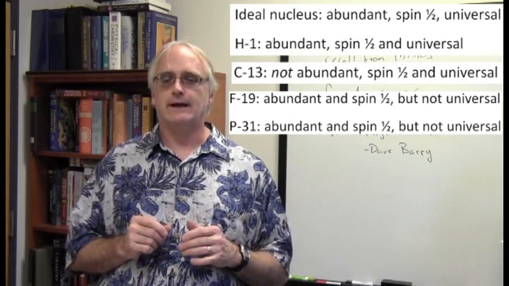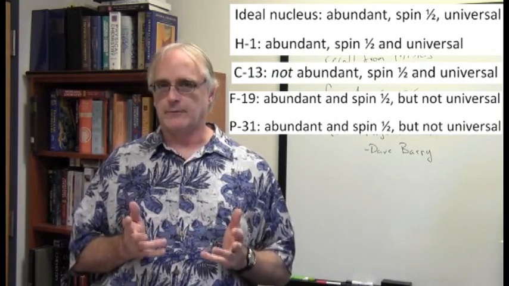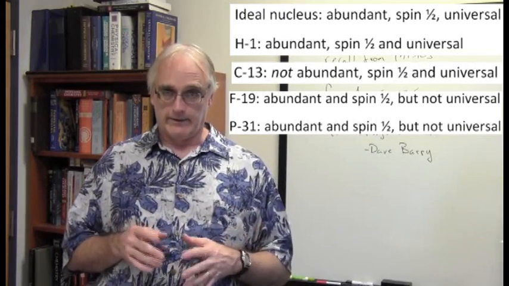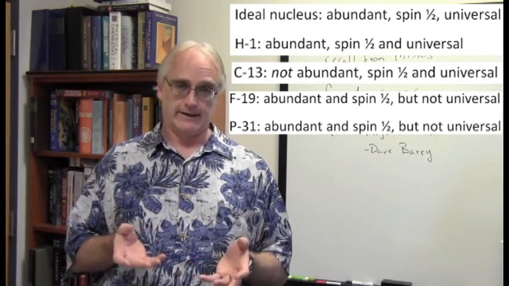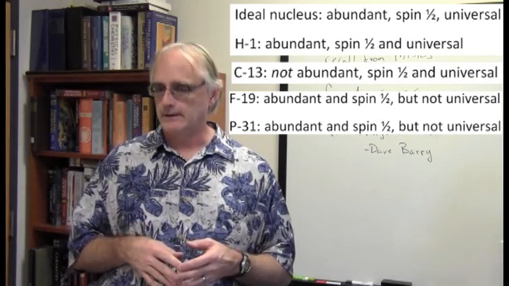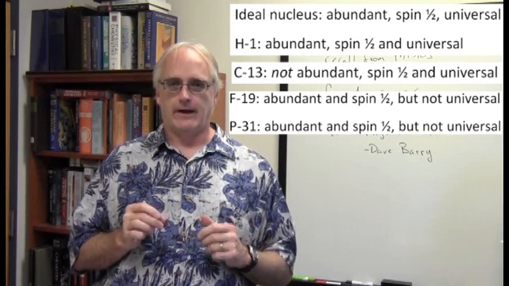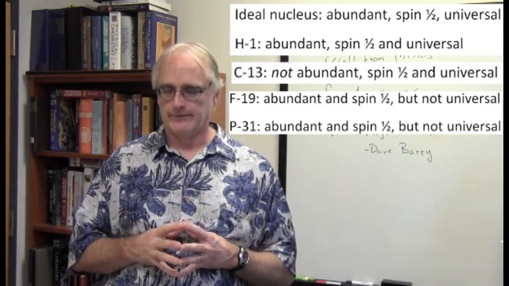It's a much more restricted element than some of the others. Phosphorus-31 is another good example. 100% abundant, spin 1/2 nucleus, and highly useful to some areas of biochemistry and even inorganic and organometallic chemistry. But again, it's not a universal element found in all kinds of different chemical compounds.